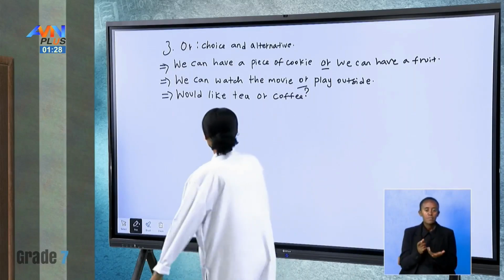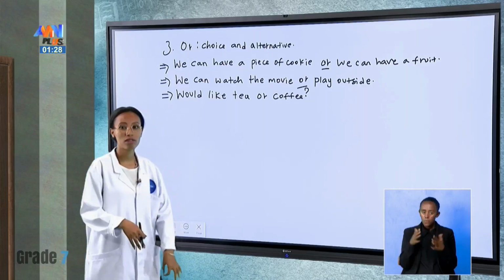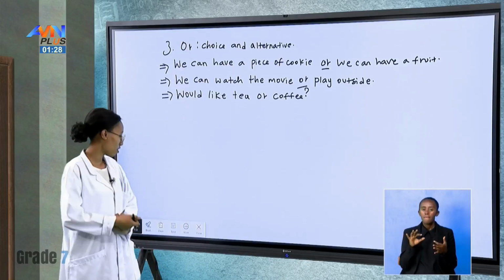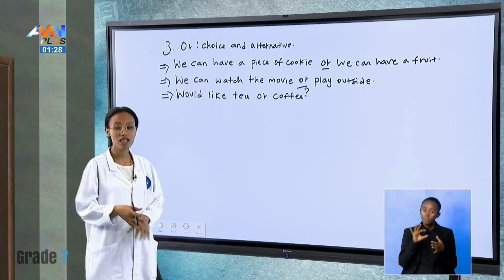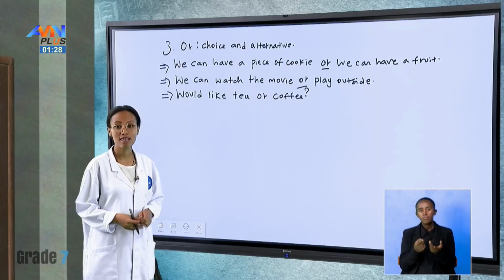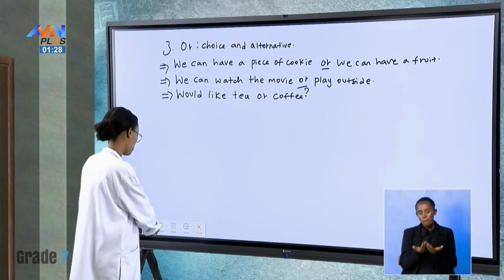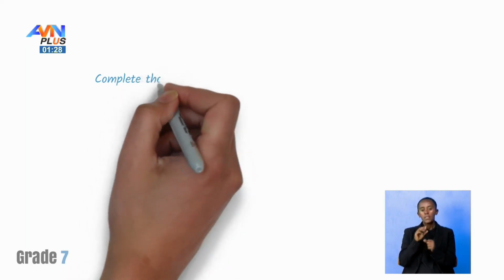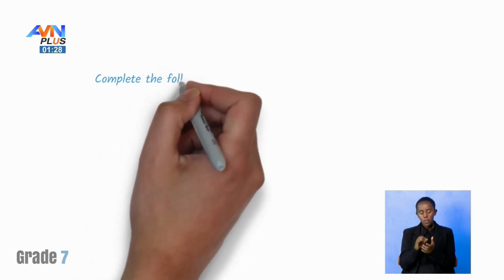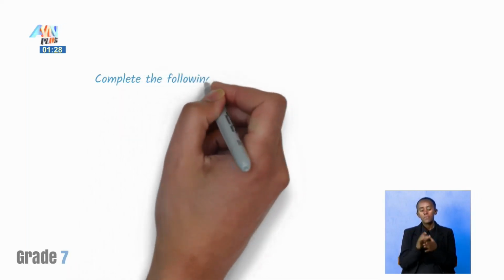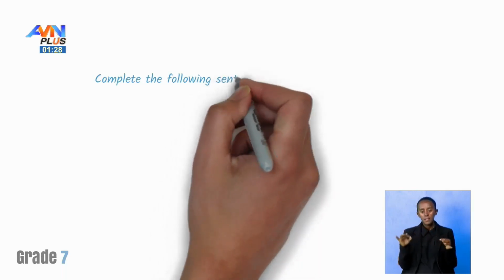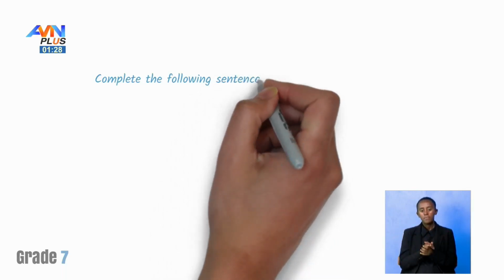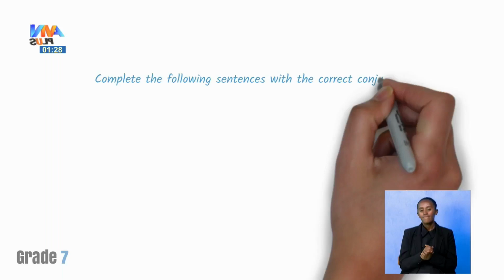So, that is what we said about coordinating and subordinating conjunctions. Let's do a few exercises and see how well you remember them. Complete the following sentences with the correct conjunction.